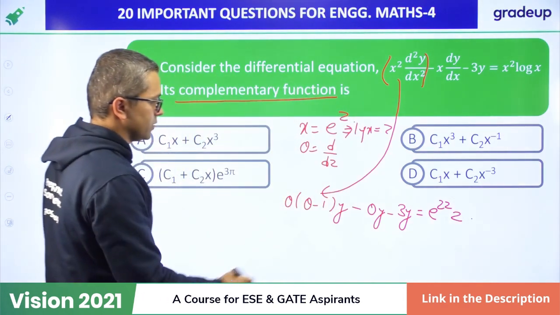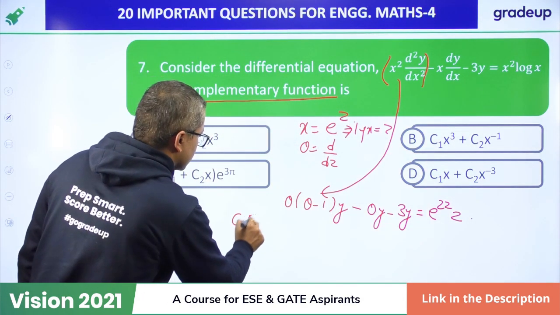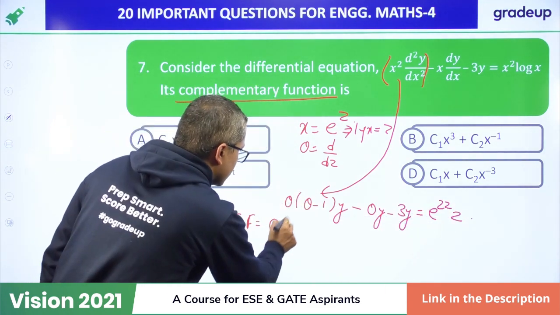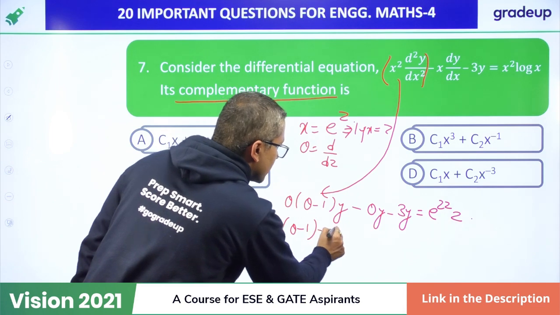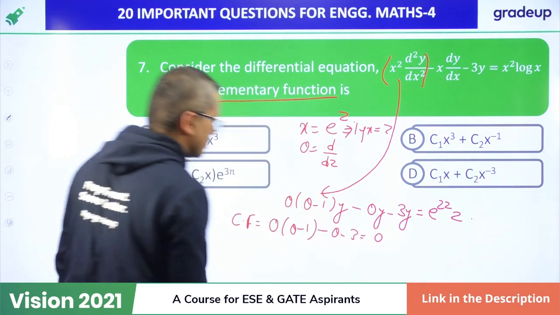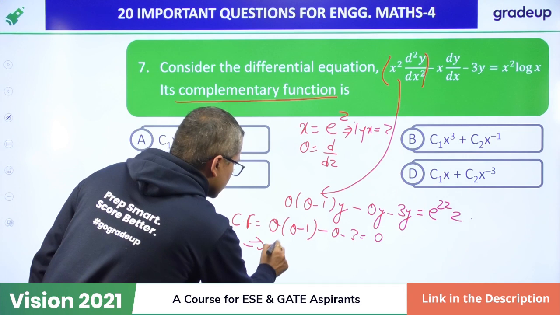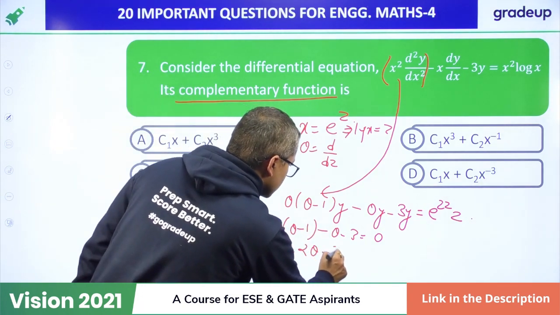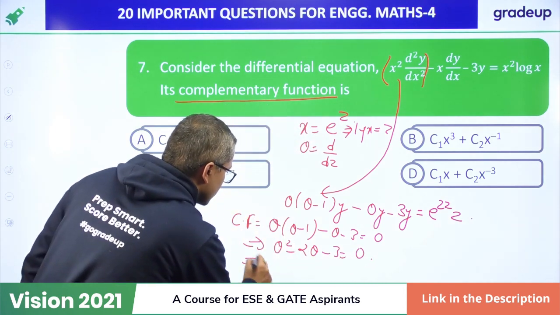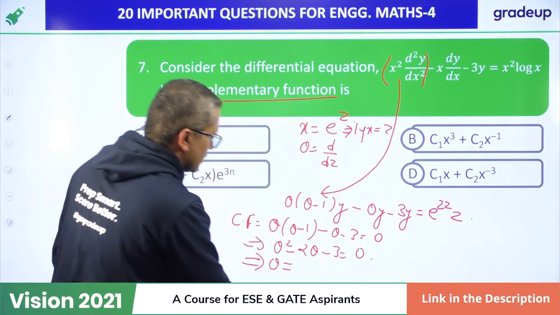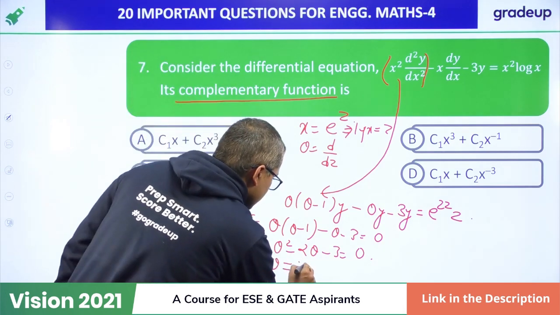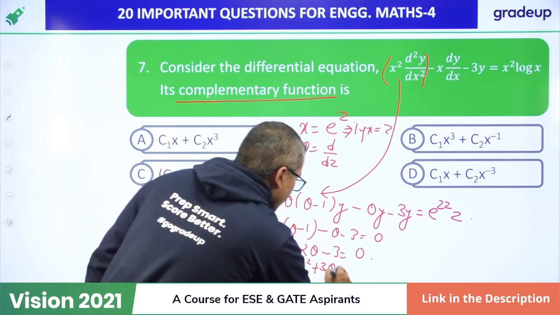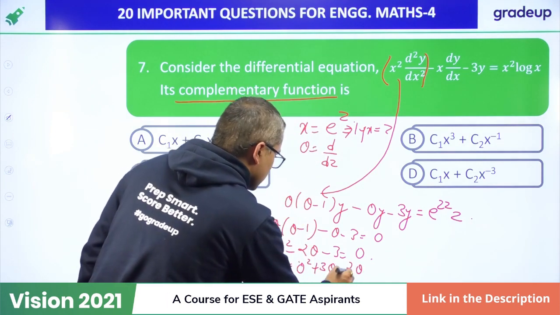Into z. So you just need to find complementary function, which is nothing but when you put these coefficients to 0, right? So theta into theta minus 1 minus theta minus 3 equals to 0. So which means theta square minus theta minus twice theta minus 3 equals to 0. Okay, let's do this.